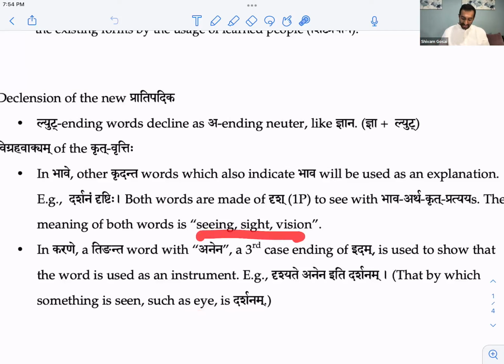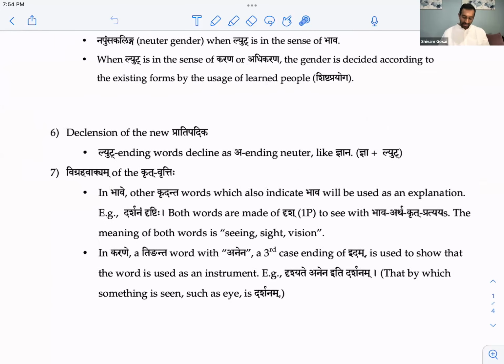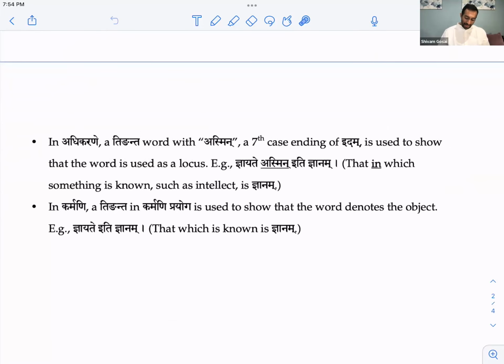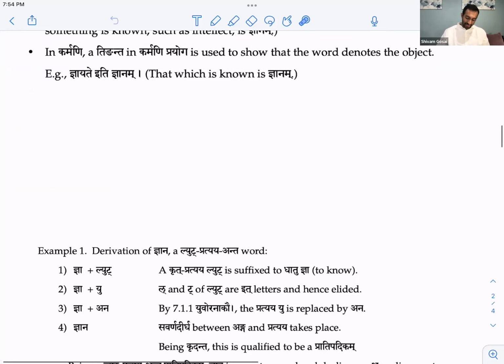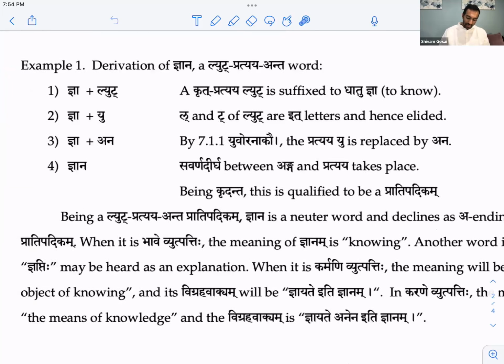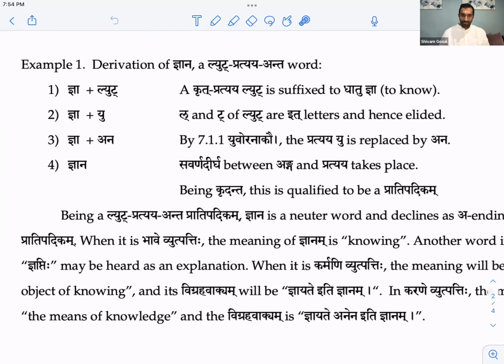Is it just seeing, sight, vision, if the speaker wants to speak in bhave, or is it the instrument of seeing? We have to know the intention of the speaker. Okay, let's skip some of this for now, because time is flying by. I want to actually get us into lyut, and we get more examples of this.